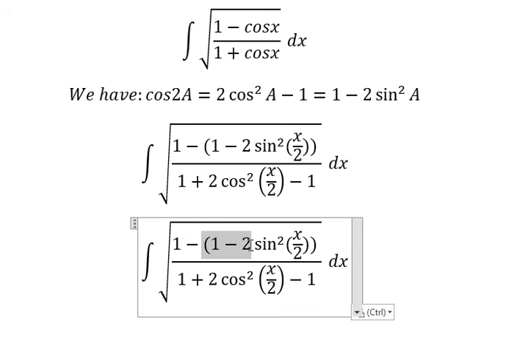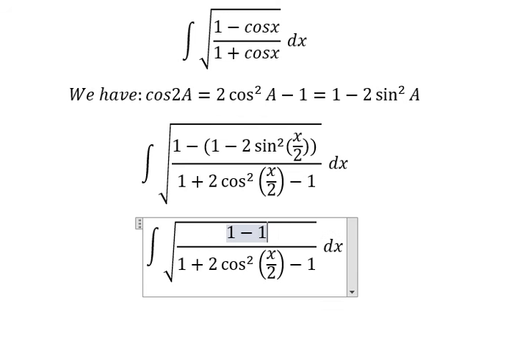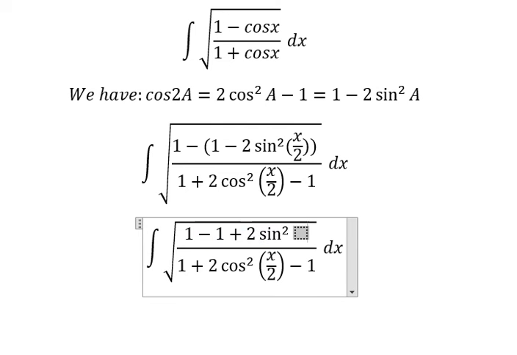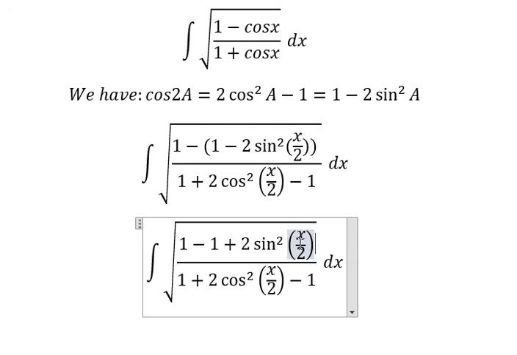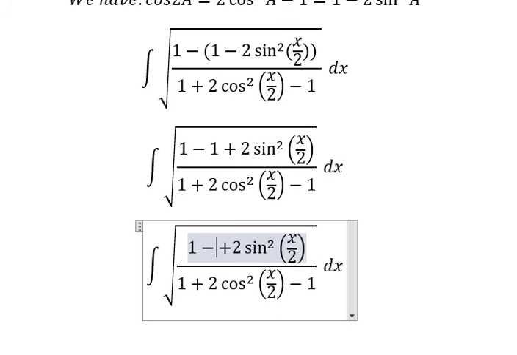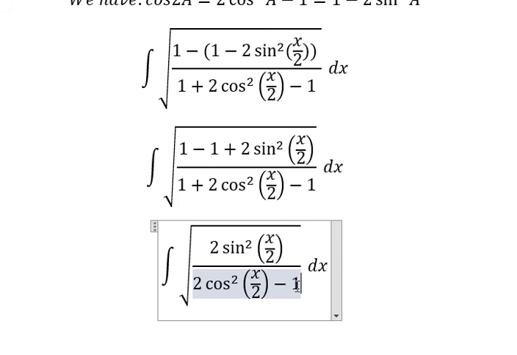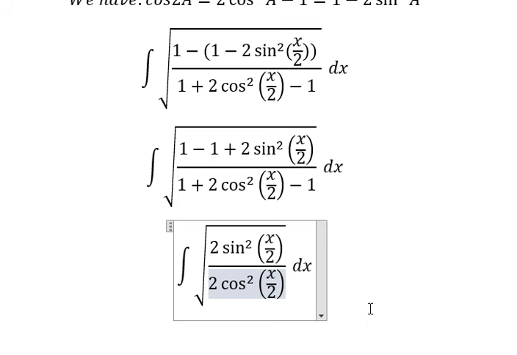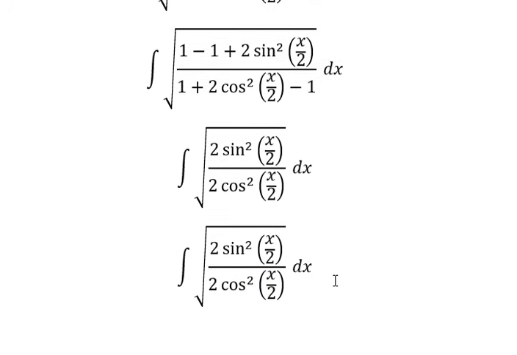Now we need to open parentheses. One minus one we cancel. One minus one we cancel. 2 divided by 2 we cancel.